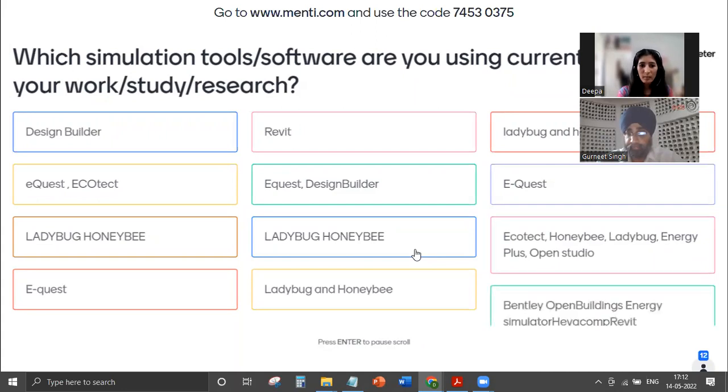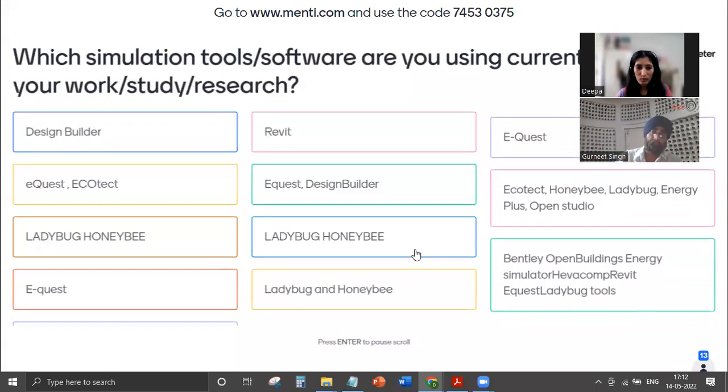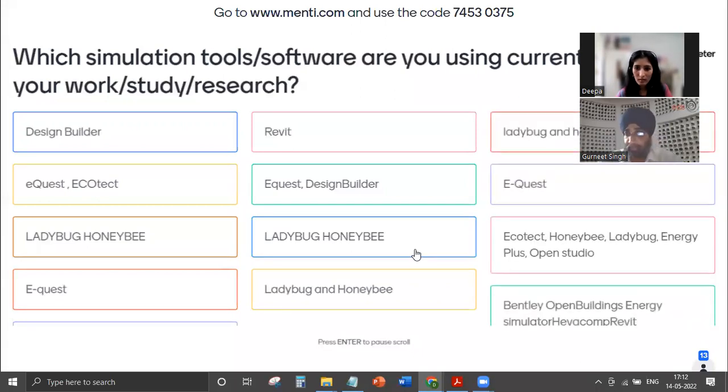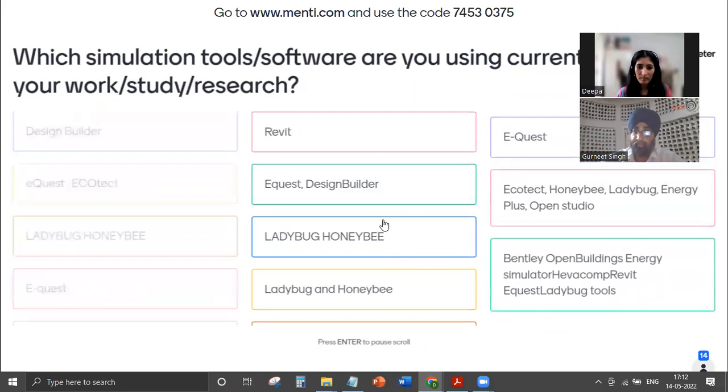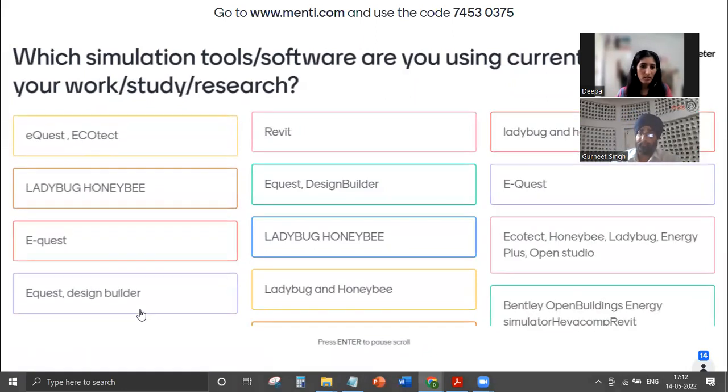So looks like Ladybug is more popular here. Okay, any more tools? Some more people are yet to log in. eQuest, Design Builder.